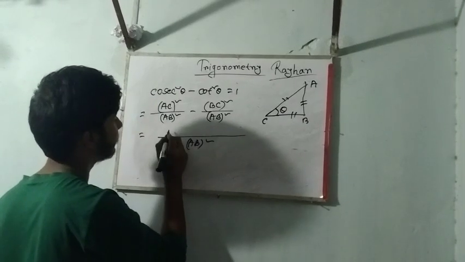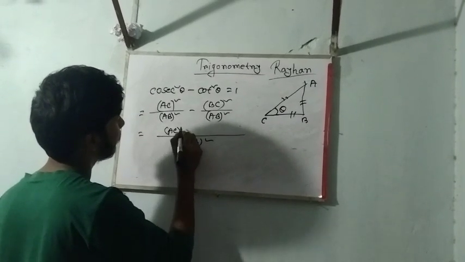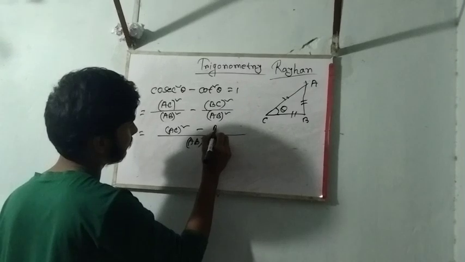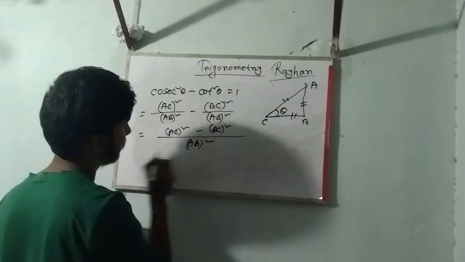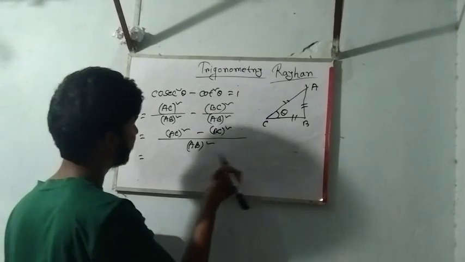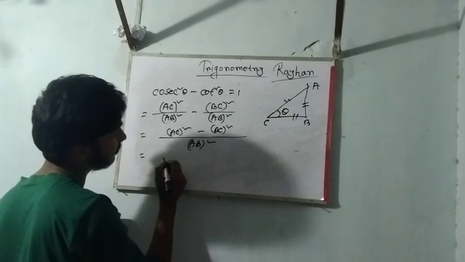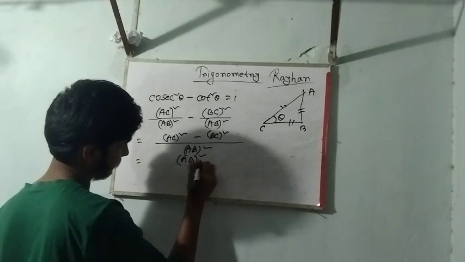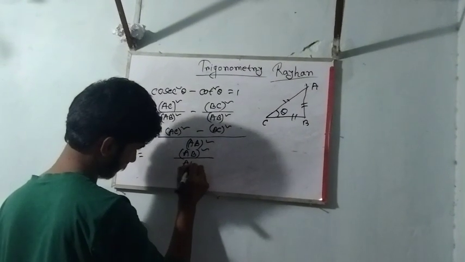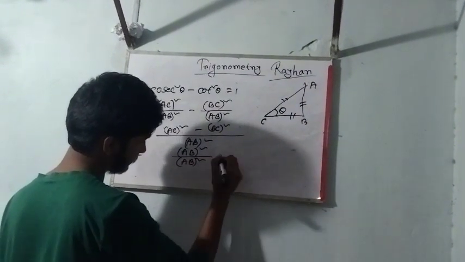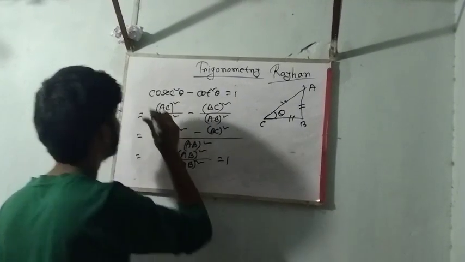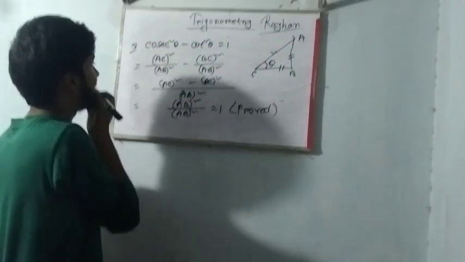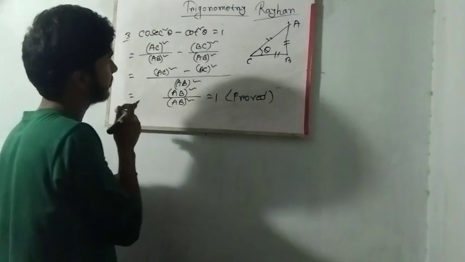The calculation will be AC square minus BC square, and according to the Pythagorean theorem, AC square minus BC square is called AB square. This is 1. So the identity is cosec square theta minus cot square theta is equal to 1.